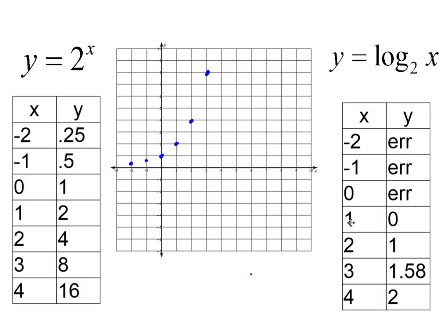I'm going to start at (1, 0). Then I'm going to go to (2, 1). Then I'm going to go to (3, 1.58). And then I'm going to go to (4, 2). If I had plugged in 8, I would have gotten 3.